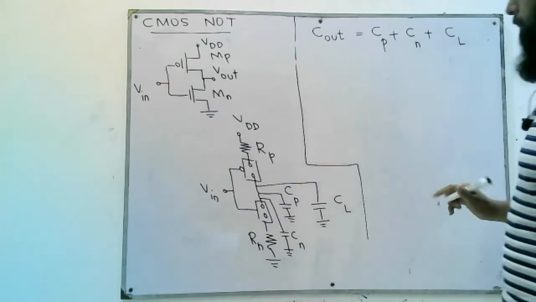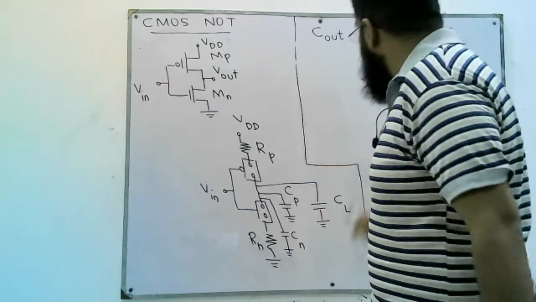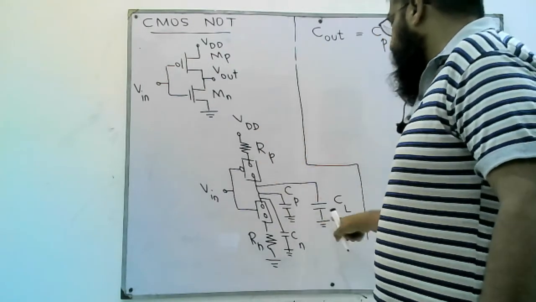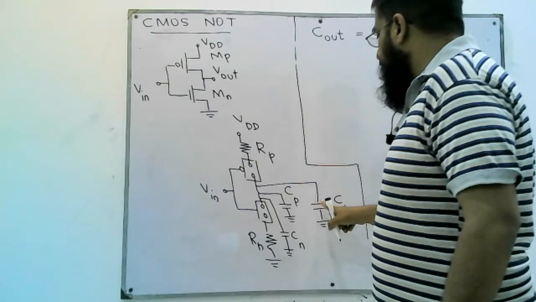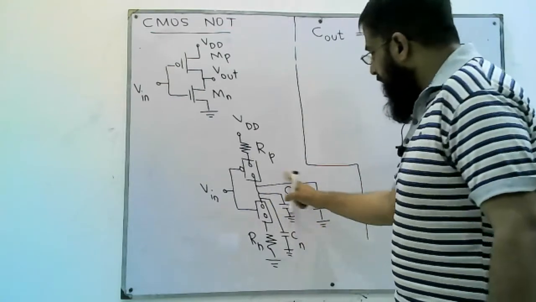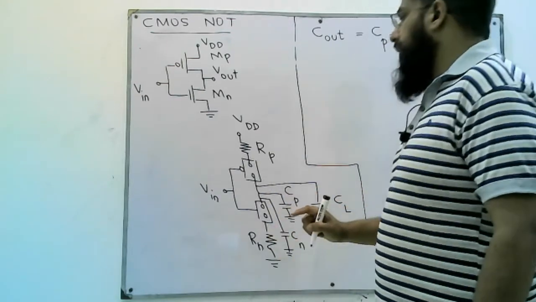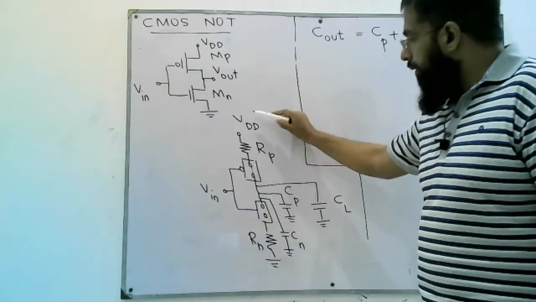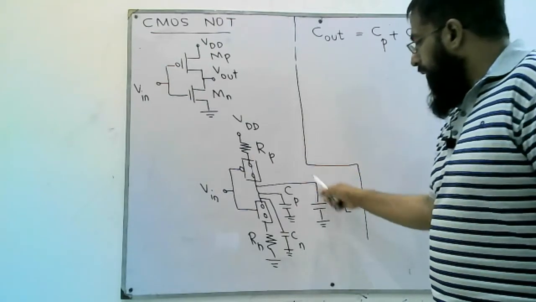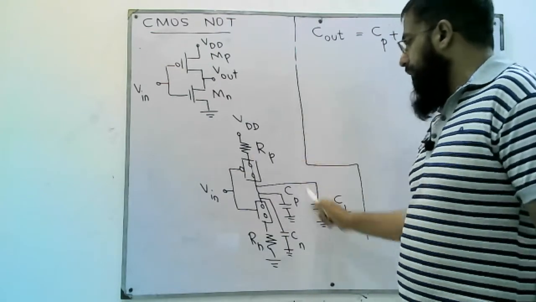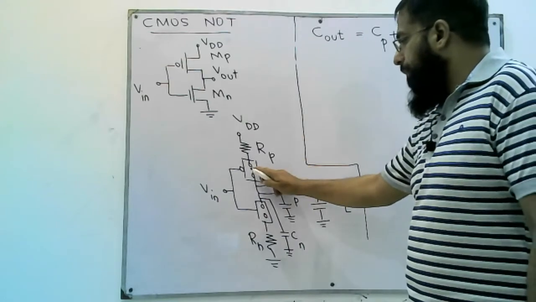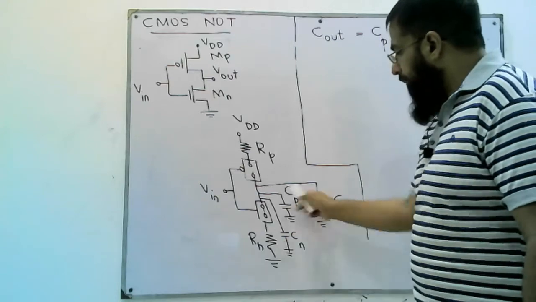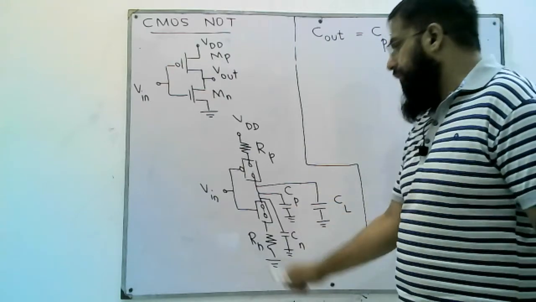So this whole capacitance Cout charges through Rp when the output is going to be logic 1, and when the output is going to be logic 0, it discharges itself through Rn, because we know when the input is logic 0, this switch is closed and we get this equivalent capacitor charging through RP. When the output is logic 1, this closes and we get the equivalent capacitor discharging through Rn.